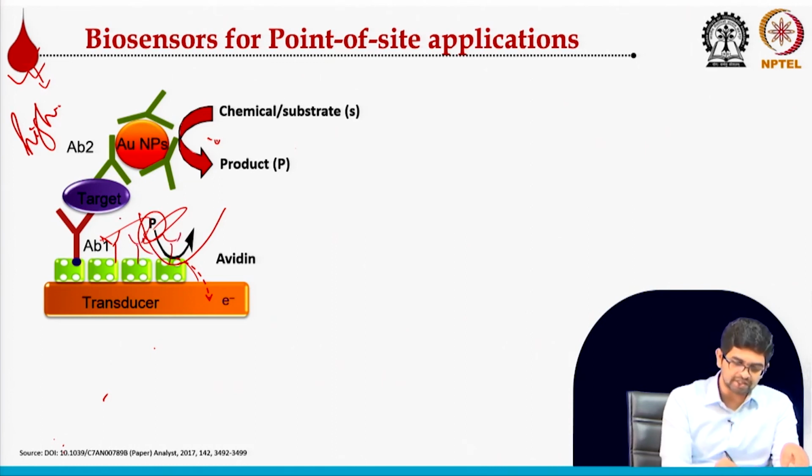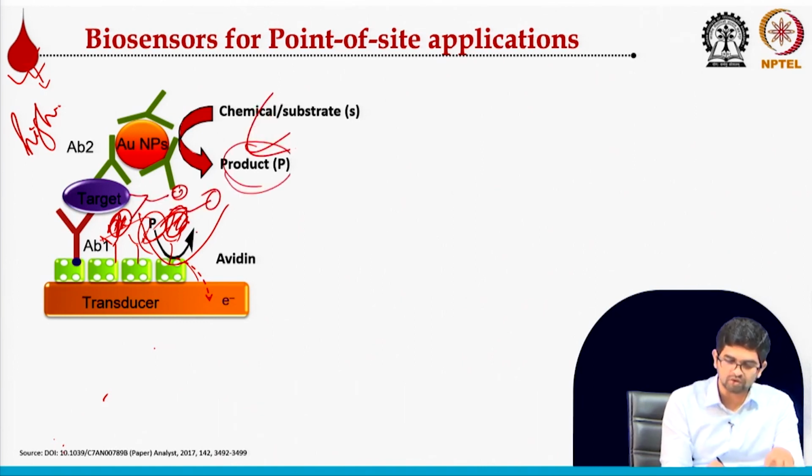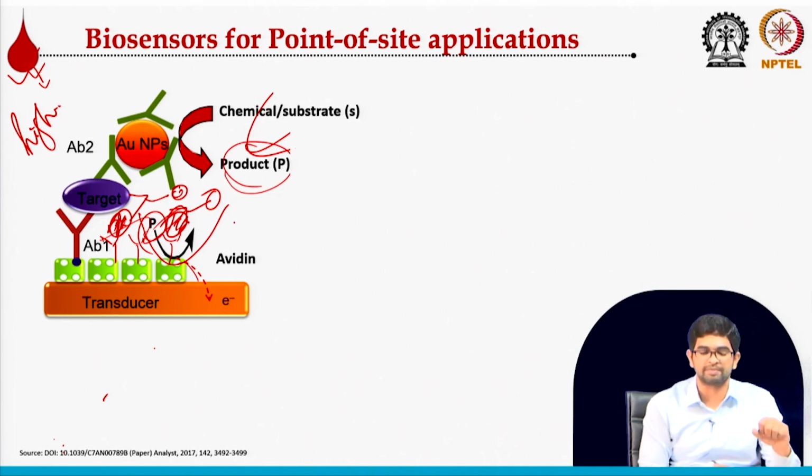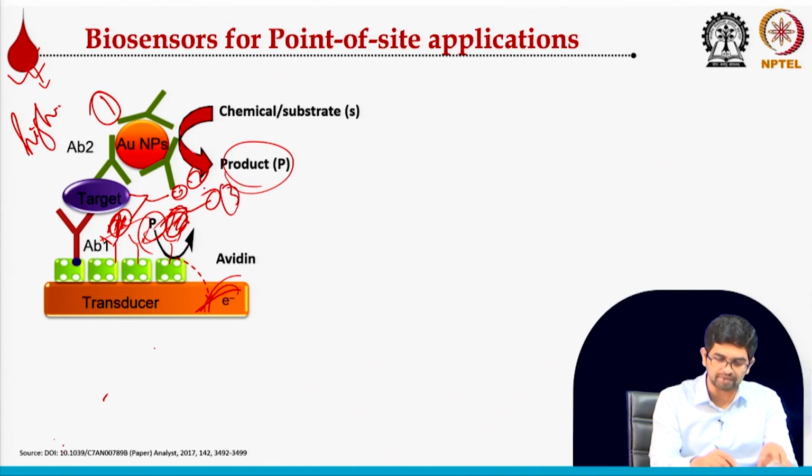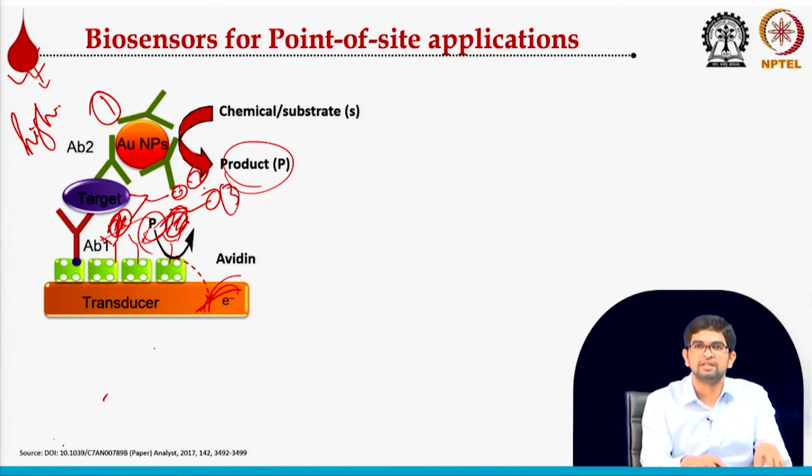So, there can be another target, maybe 2 more targets on the surface. That means there can be many gold nanoparticles on the sensor surface, not only one, but 2, 3, many.